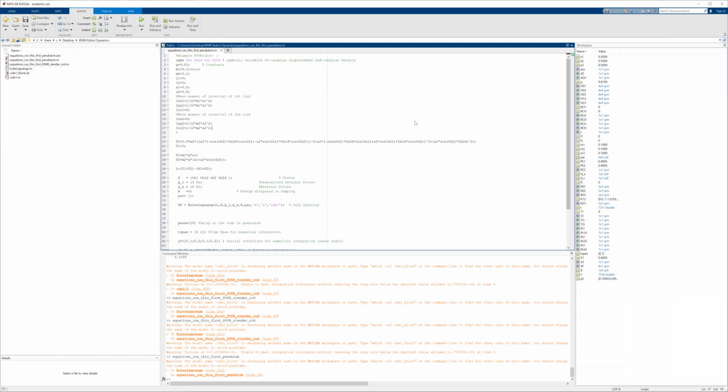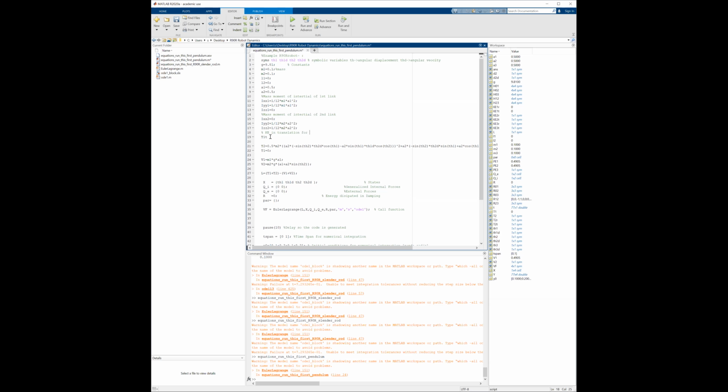Now what I need to do is, I need to find out the kinetic energy in translation. I need to find out the kinetic energy in rotation. So first, I'm going to find out kinetic energy in translation for mass 1. Kinetic energy, I will say T1T. This is KE in translation for mass M1.